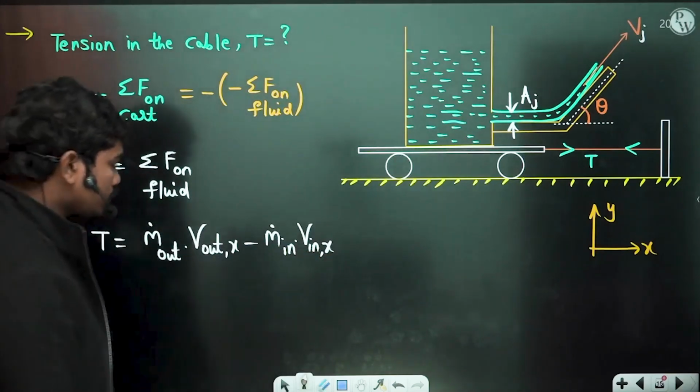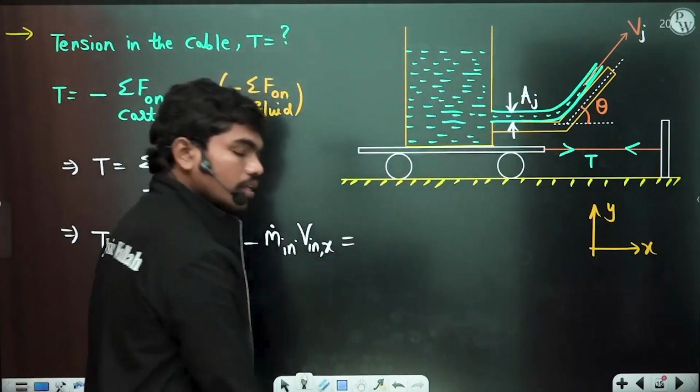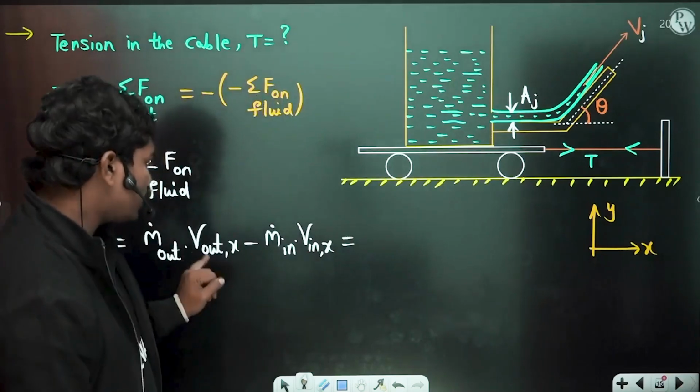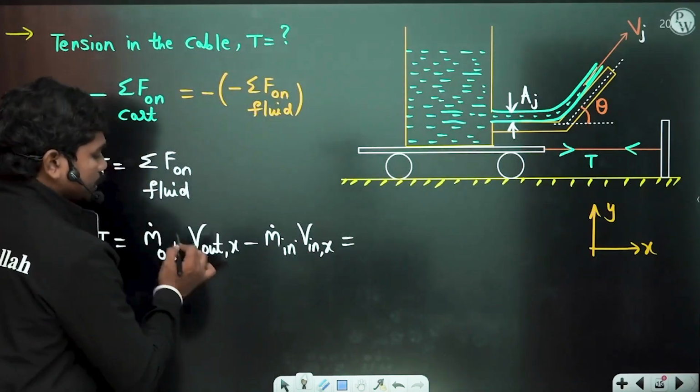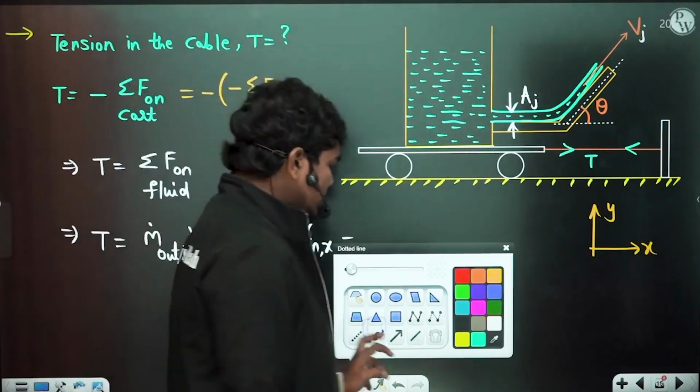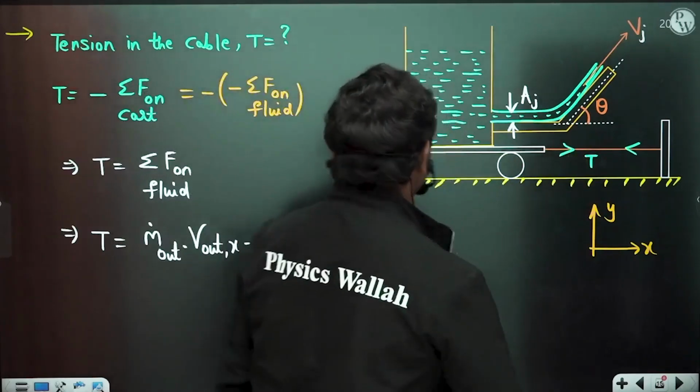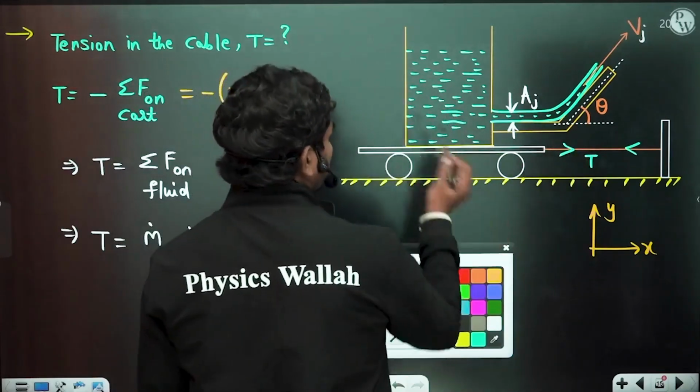Okay, so now if you see this case, m dot out V out x minus m dot in V in x. Now tell me, your point is to calculate the tension in the cable. So let us suppose you select the control volume in this way.